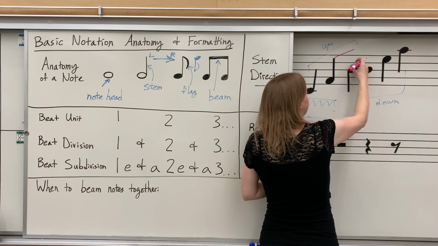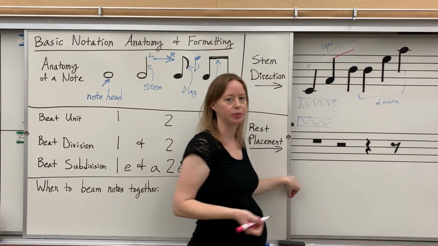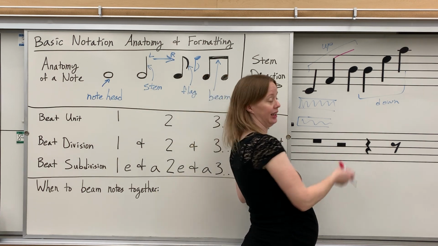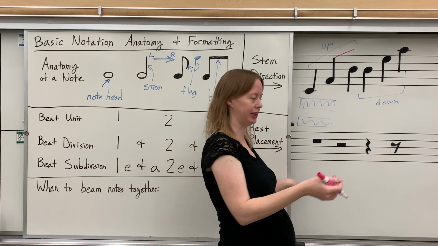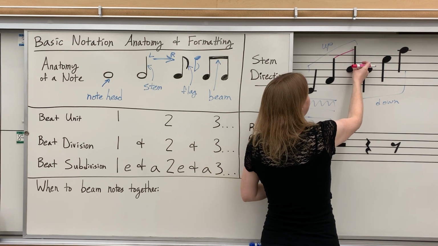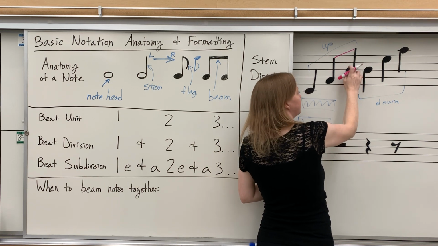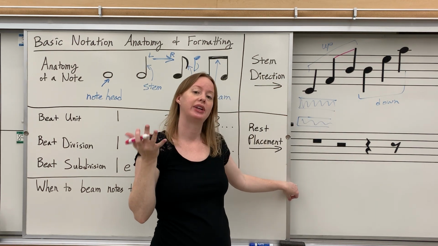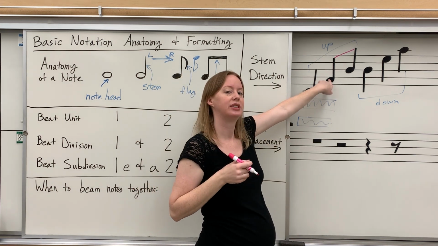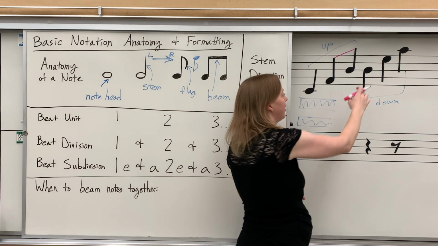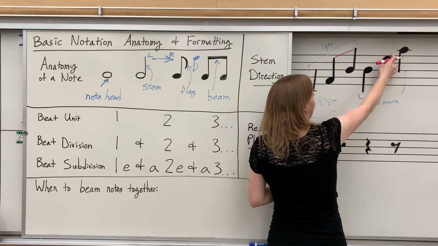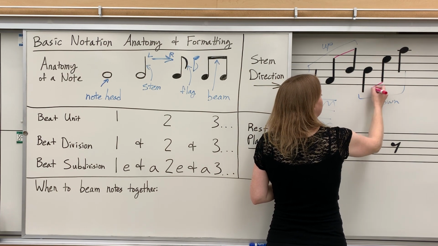It wouldn't make any sense to beam them diagonally this way. It would be very strange. It has been done in music notation, but don't do it. So we want to keep them going the same direction, and because this one can choose either up or down, then this one determines which way it's going. So right here I have my stem down, I have a stem down, I can beam these two together.